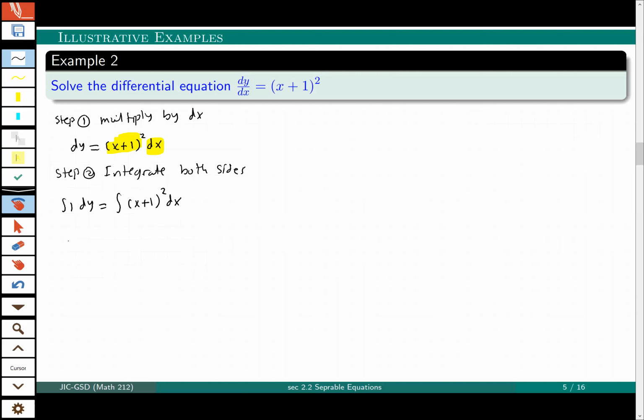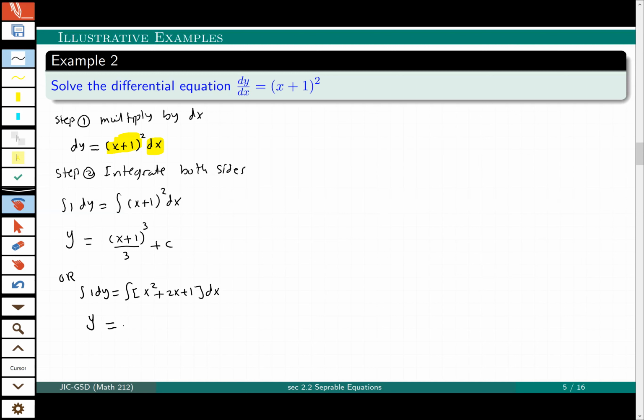Here you can integrate two different ways. One of them is you just add 1 to the power, so it will be x plus 1 to the power 3 divided by 3 plus constant c. Or some of you will forget that idea, so they might go and expand x plus 1 all squared, so it will be x squared plus 2x plus 1 dx.